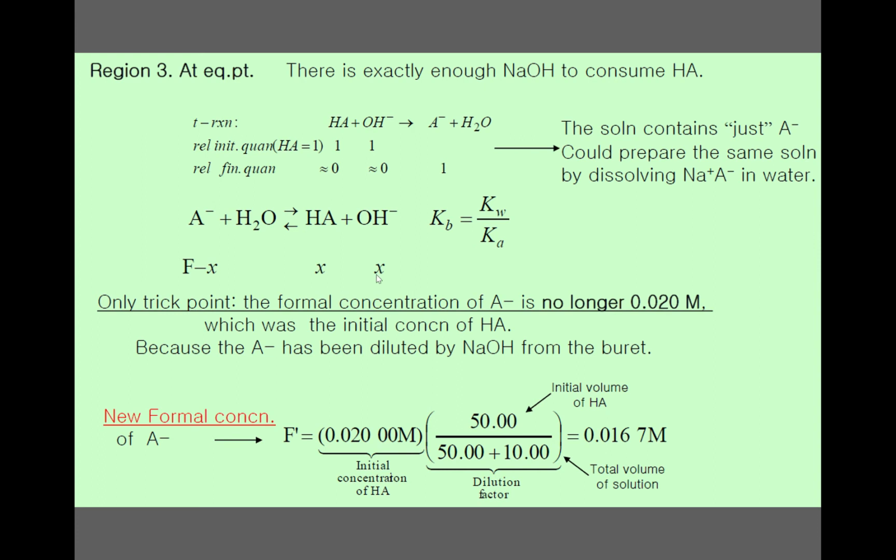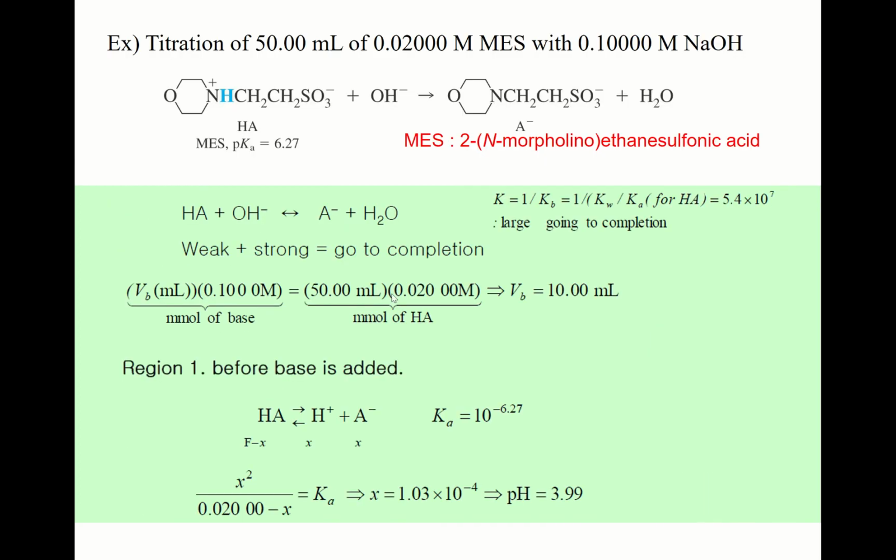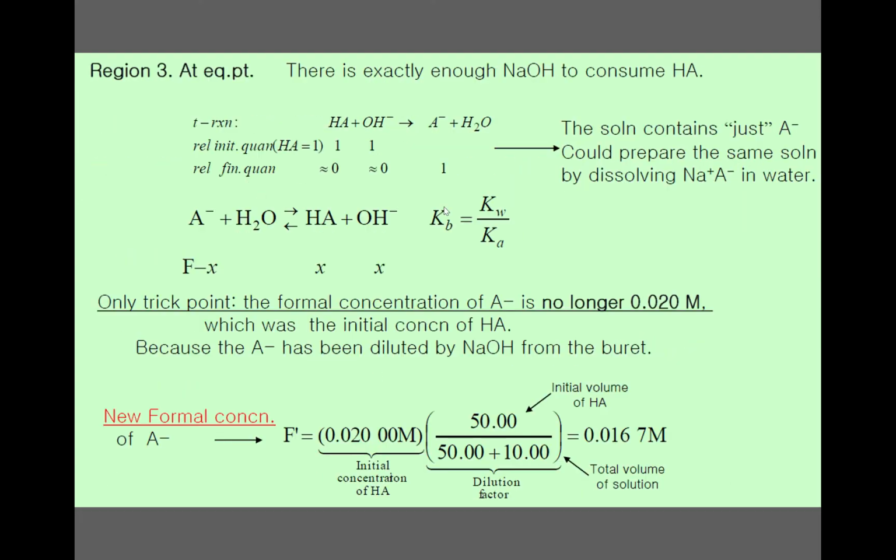Here we see in the question, 50 ml times 0.02 molar. If you multiply these two values, we get 1 millimole, which is the initial mole of HA.